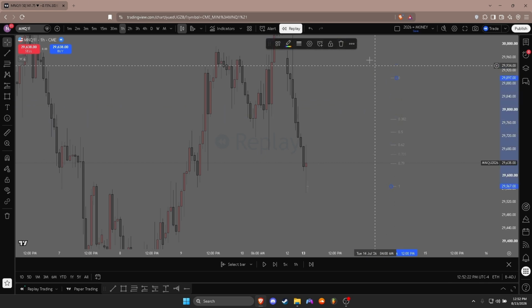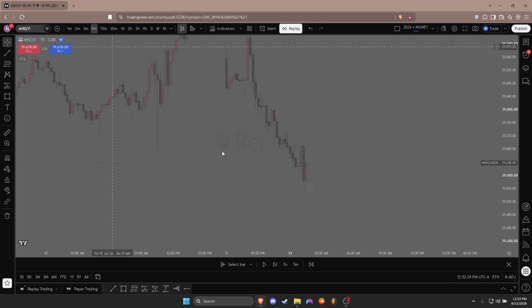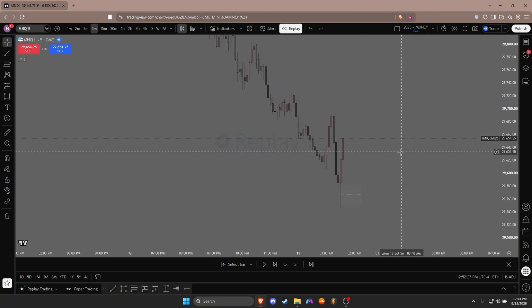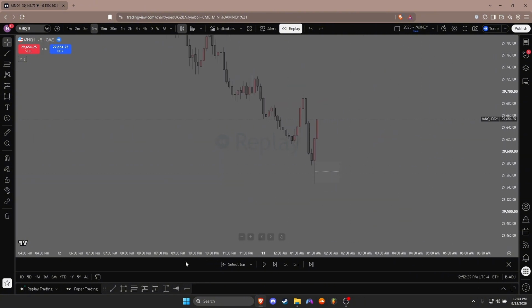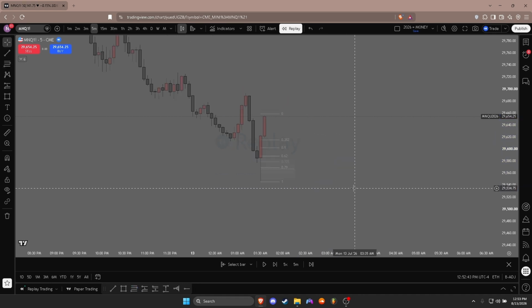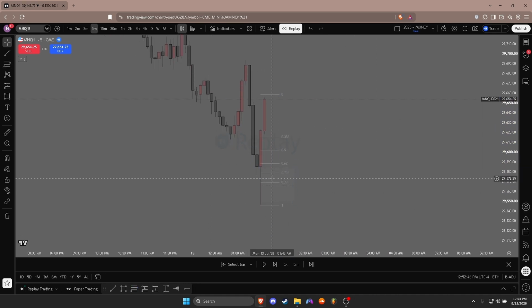If I wanted to scale on a lower time frame, I would mark my OTE from this low to this high. Let's say I missed my entry on this rejection block right here. Let me mark it again. What do we have at this level? This 0.705, 0.62.